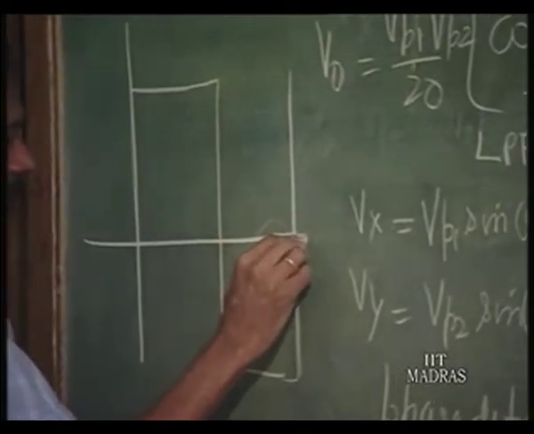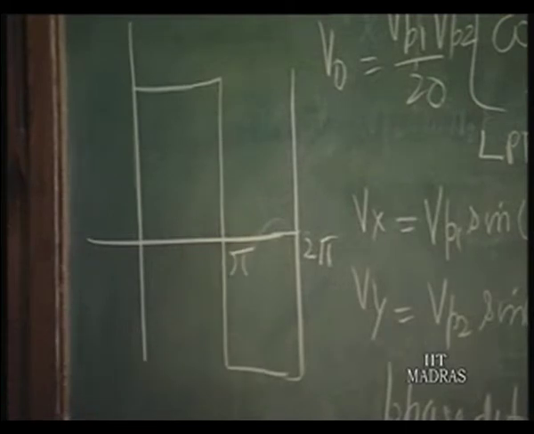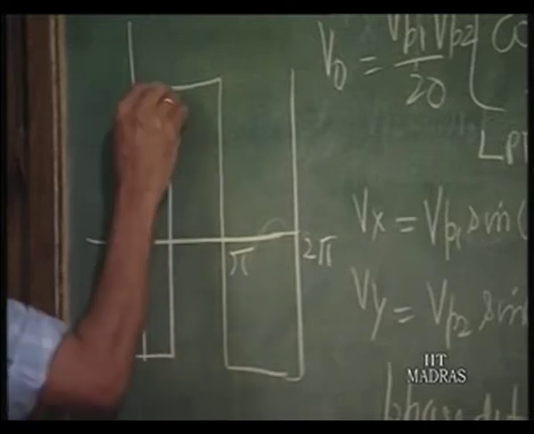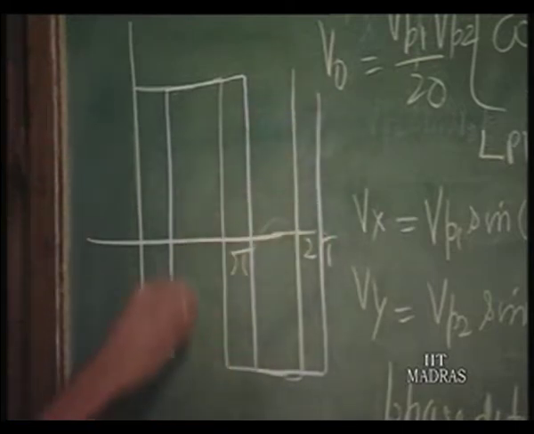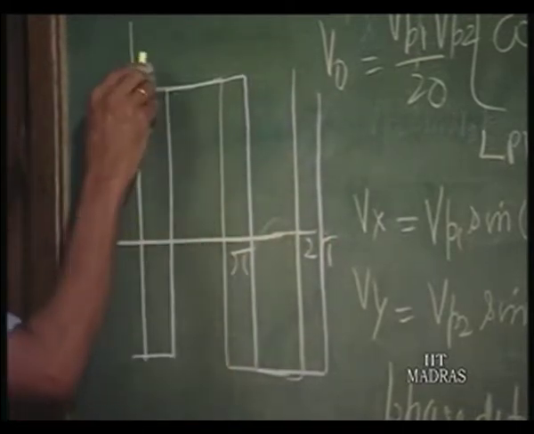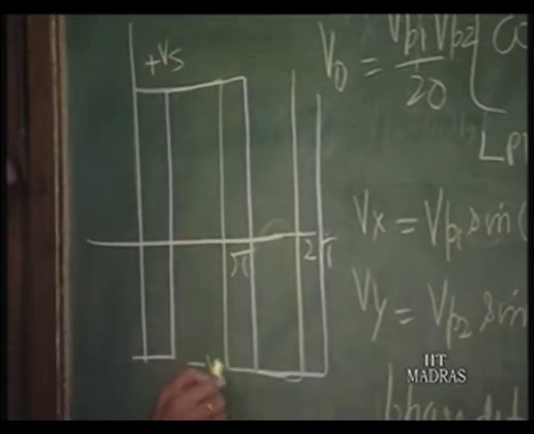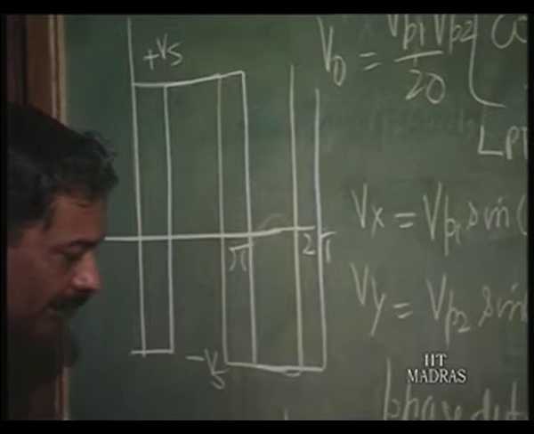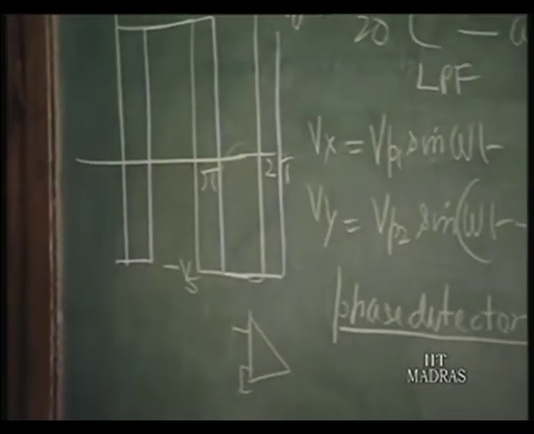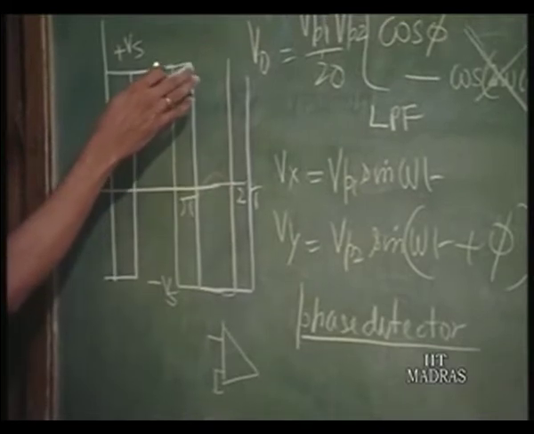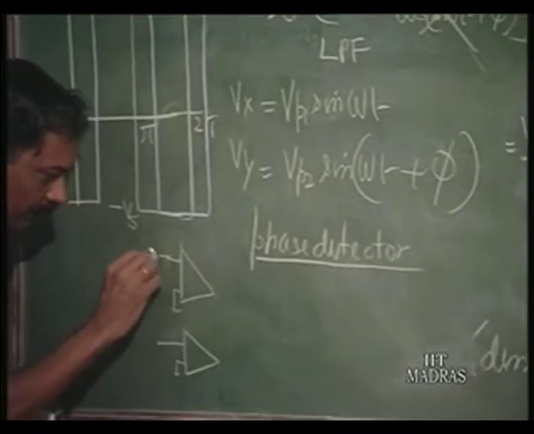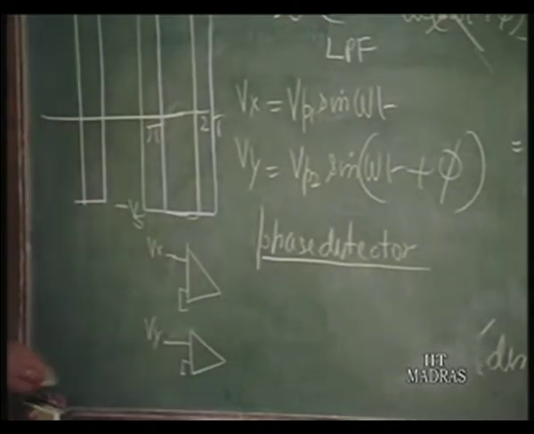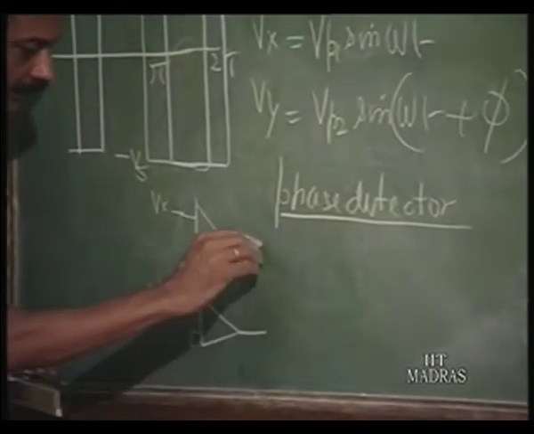So, this is 2 pi, this is pi, and the other waveform is delayed from this waveform by a factor of phi. Let us say the amplitude to which it is limited is plus Vs and minus Vs. This can be done by making these voltages go through comparators. So, the amplitude will be limited to the supply voltages plus Vs and minus Vs, both of them. So, Vx and Vy get fed through this, and then to the multiplier.